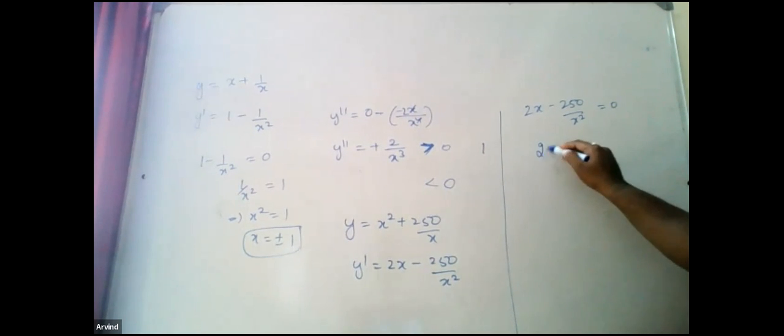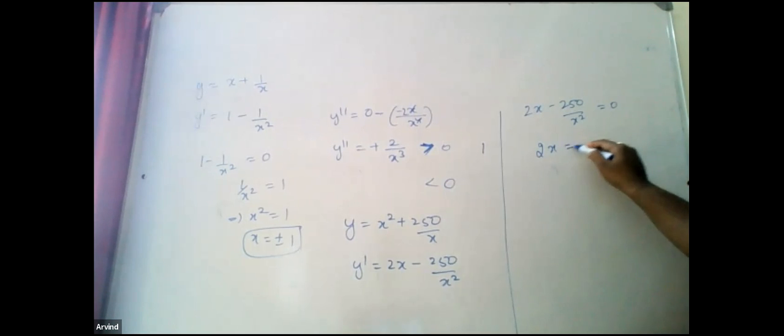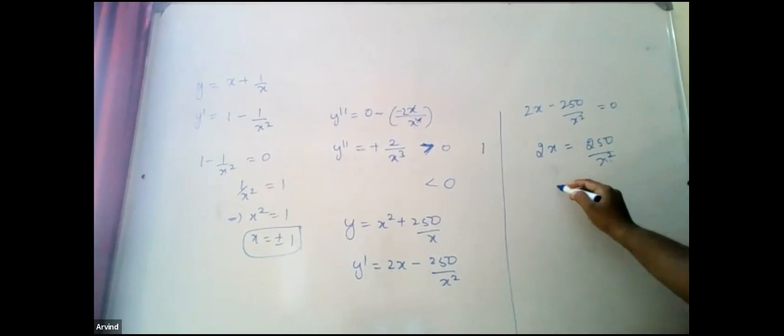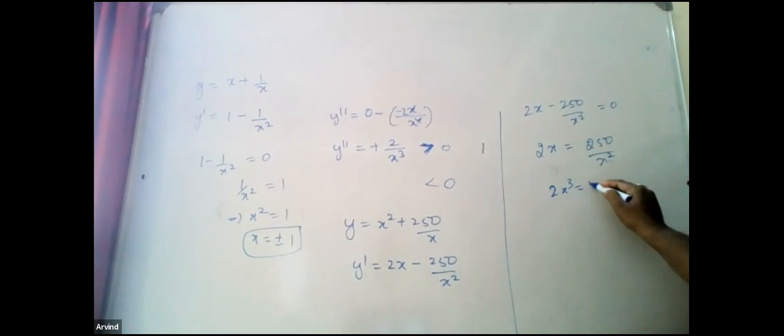So you get 2x equals 250 by x square. Cross multiplied, 2x cube is equal to 250. Therefore, x cube is equal to 125. Therefore, x is equal to 5. Cube root of 125 is 5.